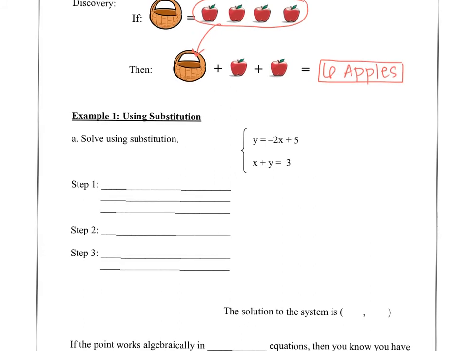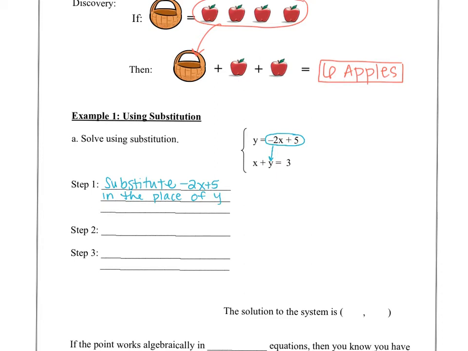So let's look at this. If y, same concept, if y equals negative 2x plus 5, then we can take that negative 2x plus 5 and plug it in for y. So step 1 is going to be substitute negative 2x plus 5 in the place of y.